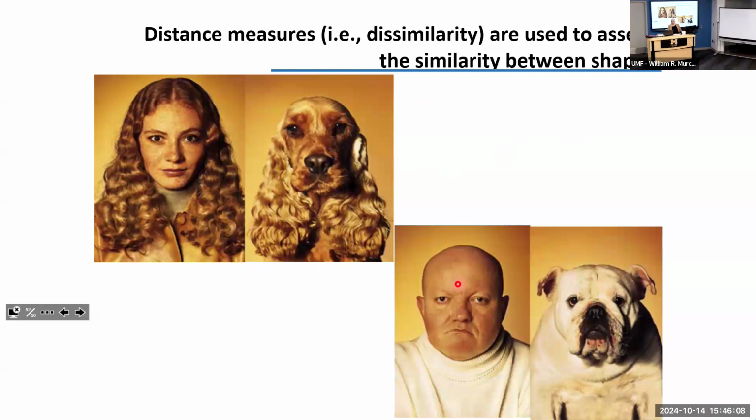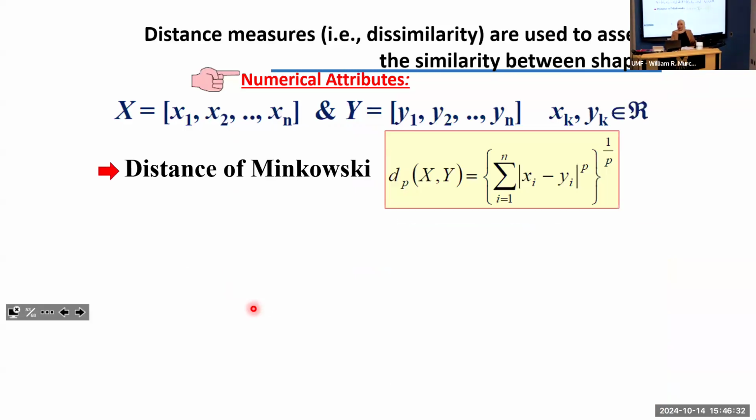So this highlights a very important point, which is the choice of the similarity metric, which is extremely important. The distance could be used to measure the similarity or the dissimilarity, but it is subjective. And when we talk about distance, there are many types of distance, okay?